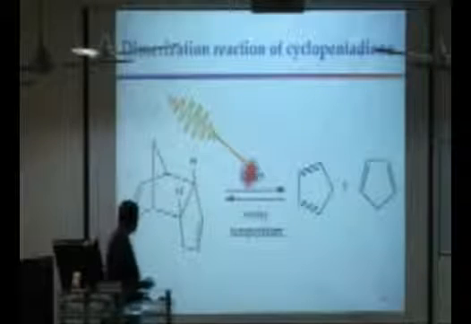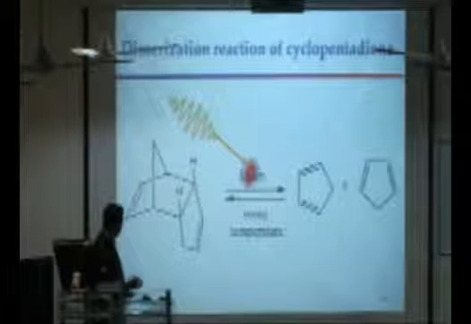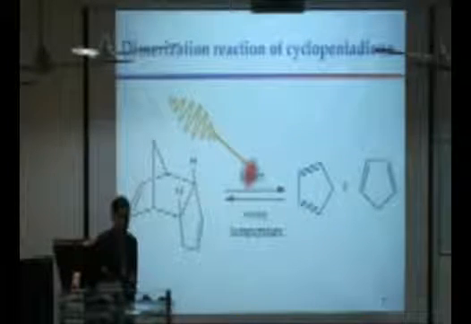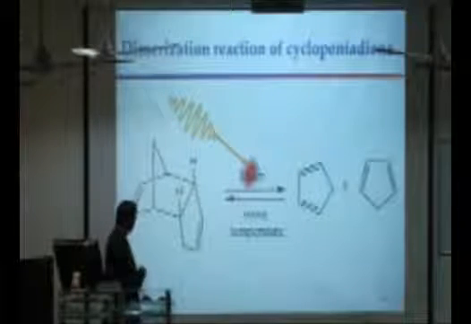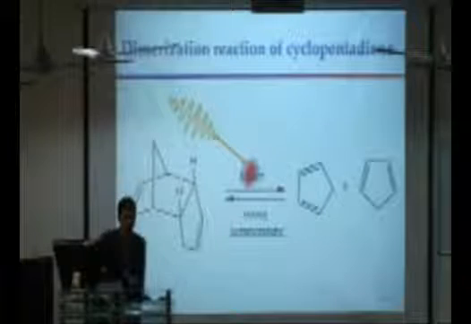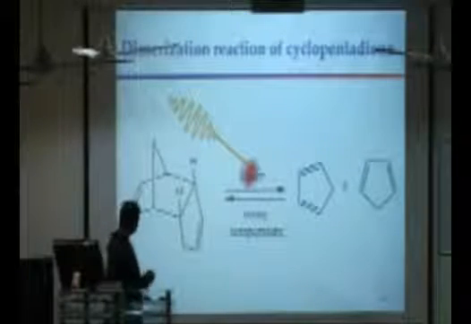This molecule is a dimer, so there is a dimerization reaction, and then a falling apart reaction. The dimerization reaction is at room temperature. However, its falling apart is by laser. So the idea was to see if the laser interaction could be tuned in such a way that you could have control over this process.